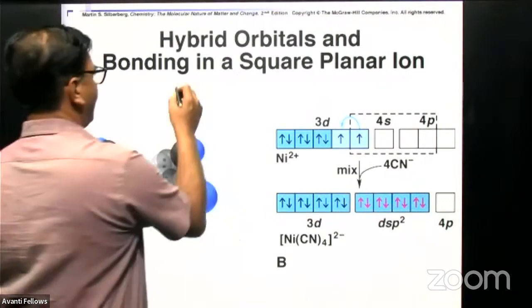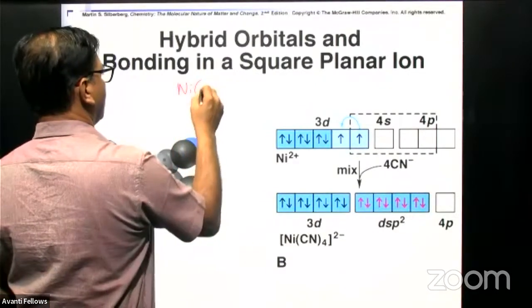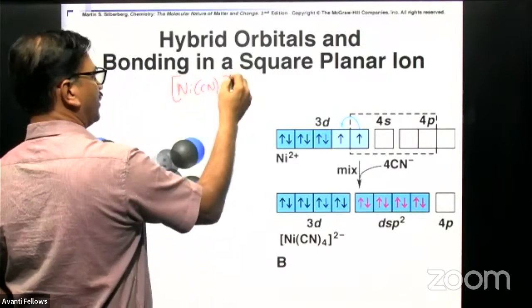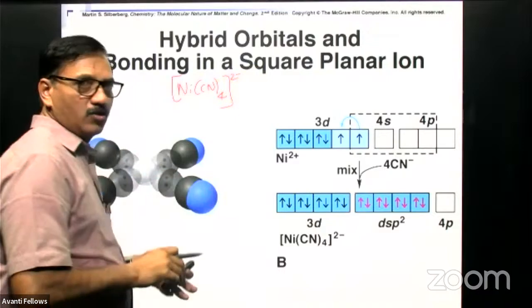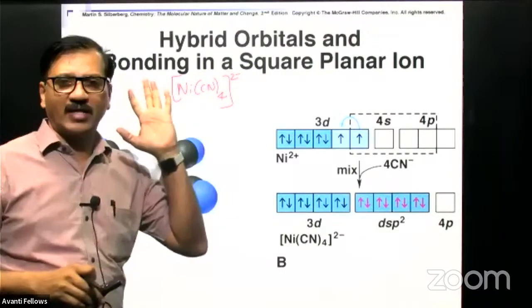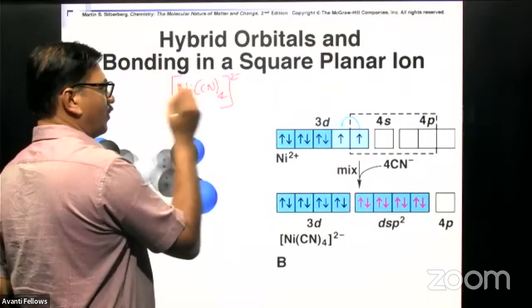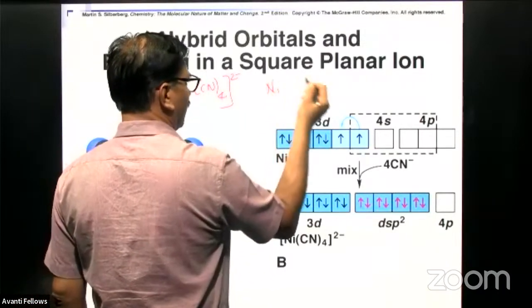So let us see some more complex formations. Nickel cyanide, Ni(CN)4 2 minus, if this is the complex. For nickel, you must be able to write the electronic configuration; this will not be given.